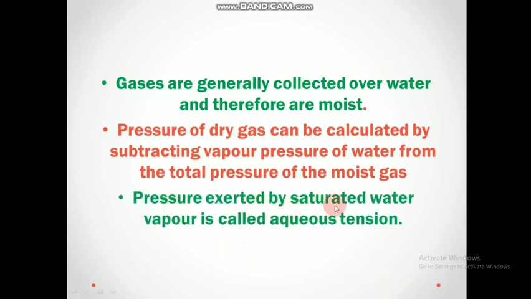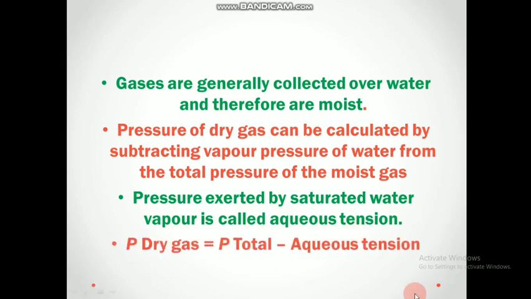The pressure exerted by saturated water vapor is called aqueous tension. And in the equation, when we want to find the partial pressure of dry gas, we subtract the aqueous tension, or the pressure exerted by saturated water vapor, from the P total. So what we get is the partial pressure of dry gas.